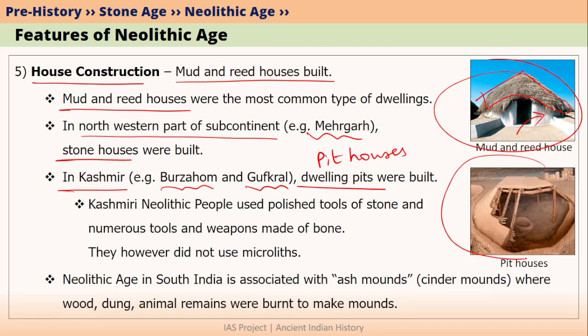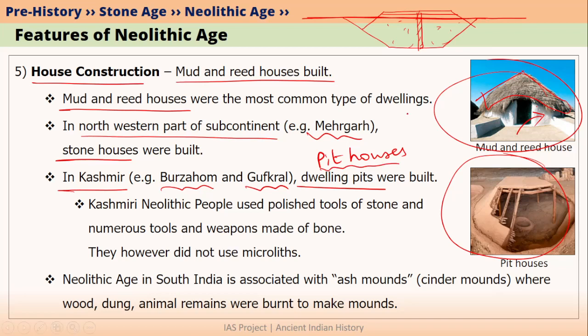Pit houses looked something like this. If this is the ground, most of the house was built underground, and from here a small ceiling was developed like this. This ceiling was usually supported by a wooden pillar. This is where the people lived. So most of the house was actually below the ground. That is why these are called pit houses.